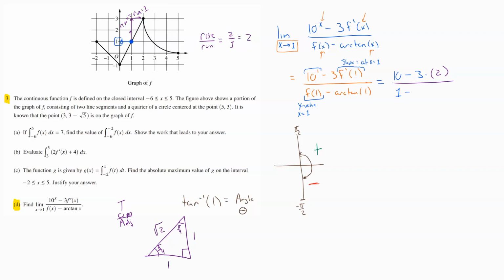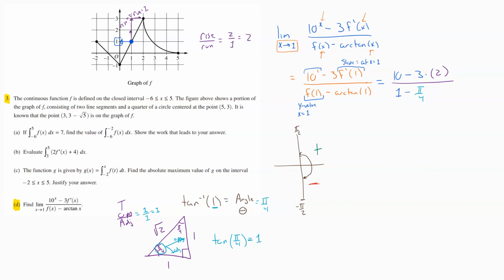So from here, we can see that for pi over 4, the opposite is 1 and the adjacent is 1, so the opposite over the adjacent would equal 1. So we know that the angle we're looking at for this would be pi over 4, because remember, you want to know tangent of pi over 4 equals 1. So then the bottom on this would equal pi over 4.